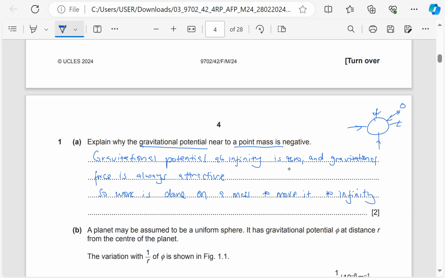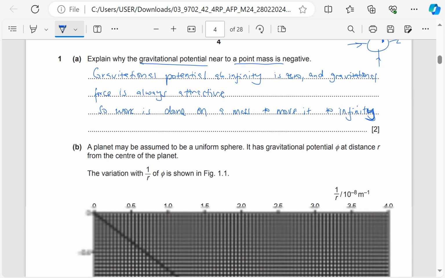So you are doing work between zero at infinity and another value. Because infinity is the biggest, yet at infinity potential is 0, it means between infinity and any other point, the work done is going to be negative. So work is done on the mass to move it to infinity. So we are moving through negative values.